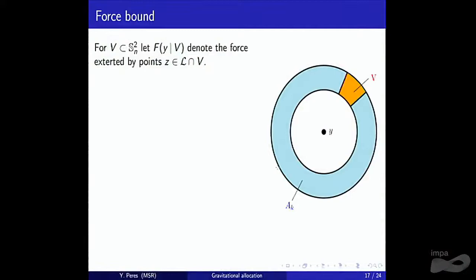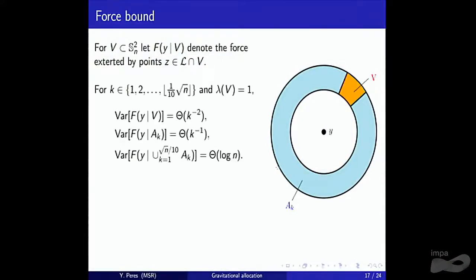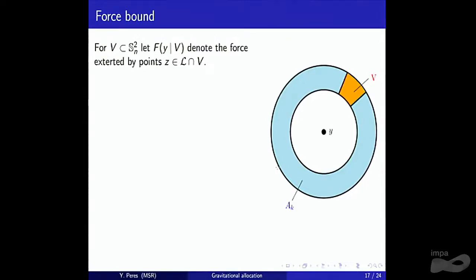Given a point, let's divide the sphere into spherical rings around the point. Here is one such ring at a distance k from some target point y. Now, we want to understand the variance of the force from this ring acting on the point y. We have n points in area n. If we look in a small region, this will be approximately a Poisson distribution.